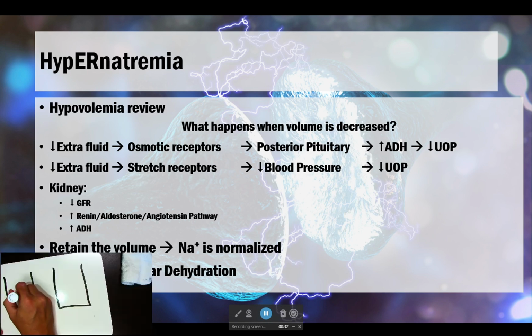We're going to have two containers here, again, with the same amount of sodium as before. So I'm drawing in here 8 little sodium molecules. You understand it's just representative. And the fluid is what's going to be different between the two containers.